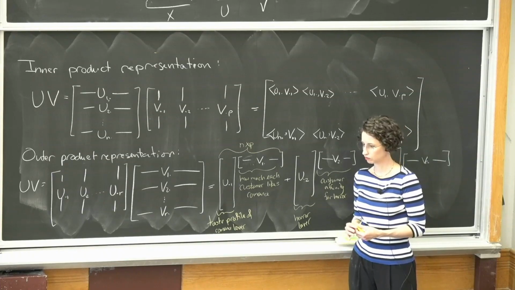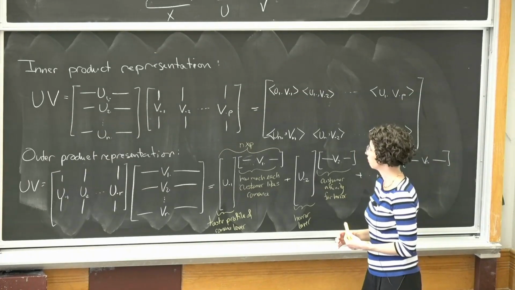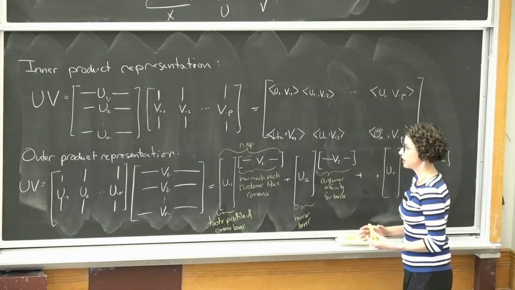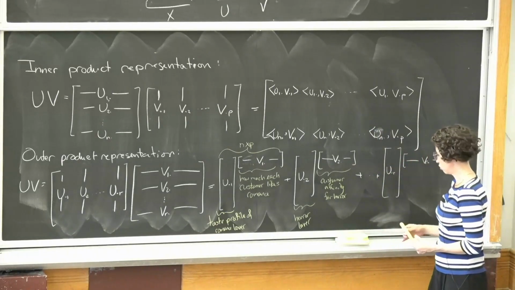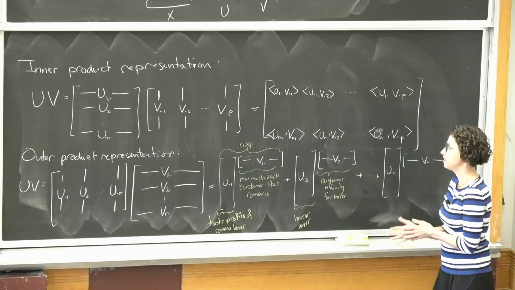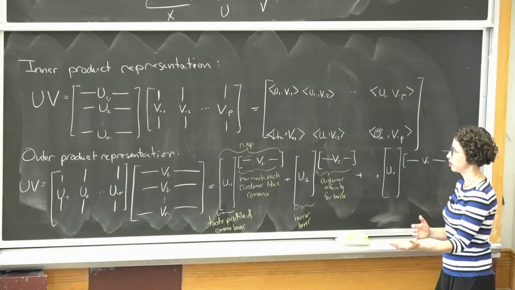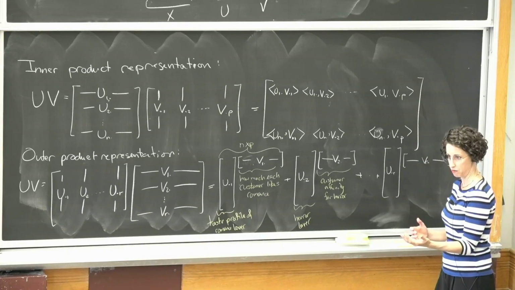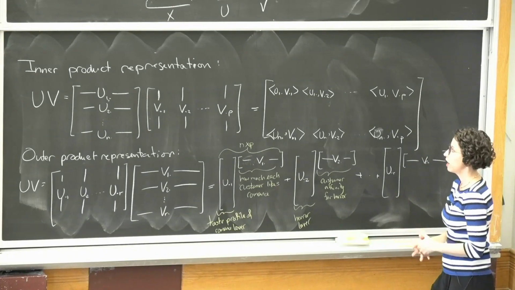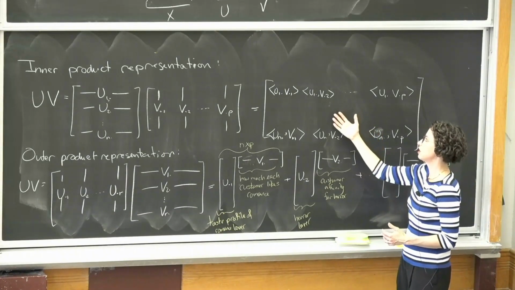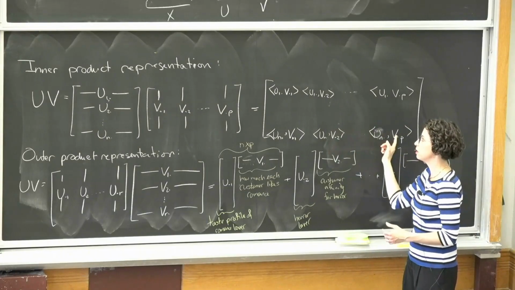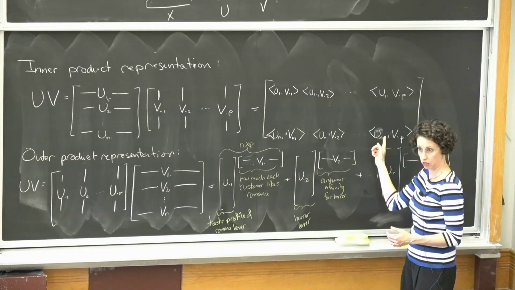Yes? So you're saying these two representations are equivalent, outer product and the inner product representation? That's right. So you can form two matrices, U and V, like in Python, and you can just use the regular matrix multiply operation in Python and get the product. And then you could simultaneously write a script that's going to compute every entry using the inner products.